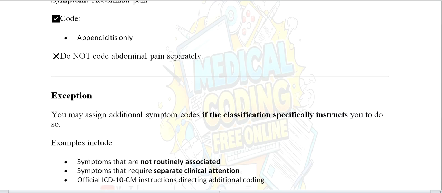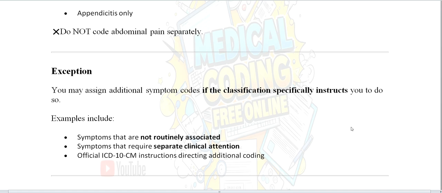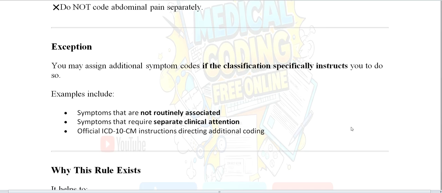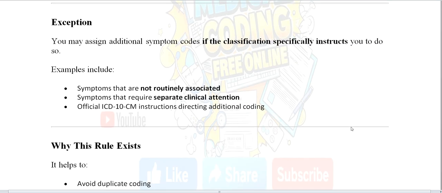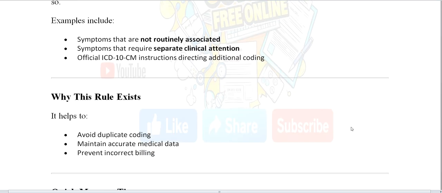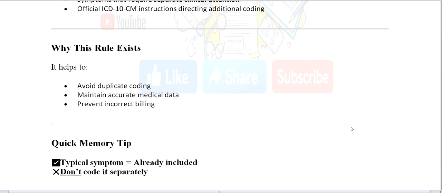Examples include symptoms that are not routinely associated, symptoms that require separate clinical attention, and official ICD-10 instruction directing additional coding. So, why does this rule exist? It helps to avoid duplicate coding, maintain accurate medical data, and prevent incorrect billing.